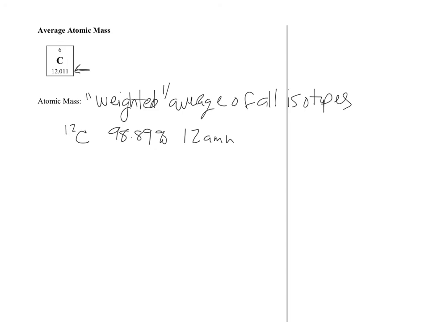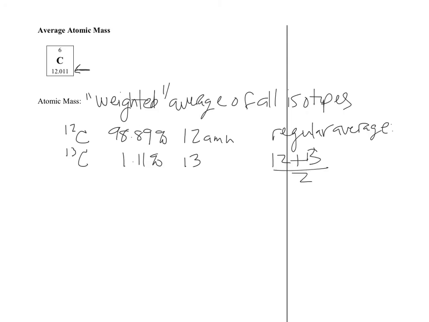And some of the carbons in your body weigh 13. 1.11% weigh about 13. Okay, we're going to keep it simple here a little bit. So if I was going to take a regular average, I would take the regular mass average, 12 plus 13 divided by 2, because there are 2 samples.